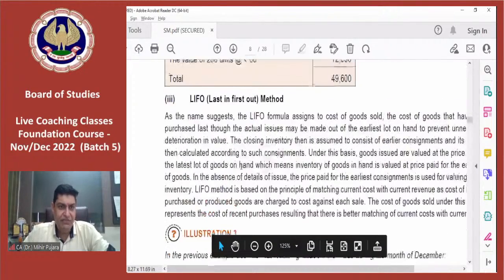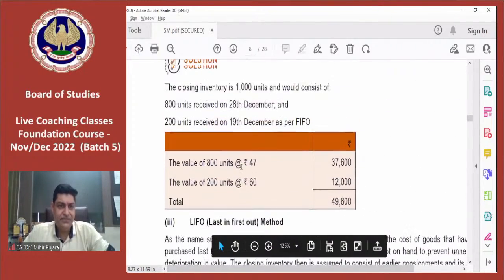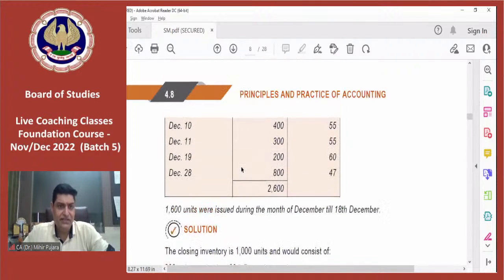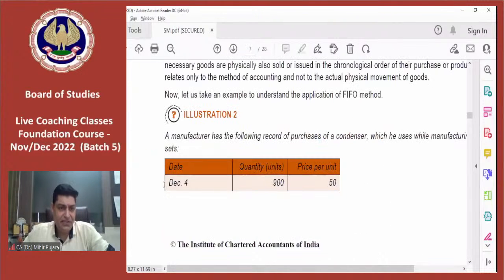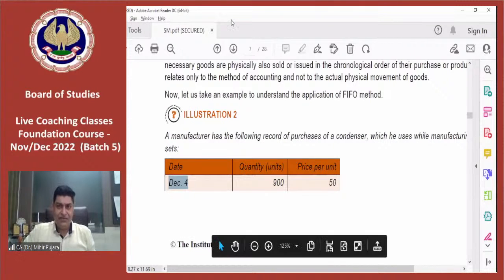And if you see the purchases, the first purchase is on December 4, we have to go date wise. So we have to start with December 4, 950. This is the purchase quantity and rate.